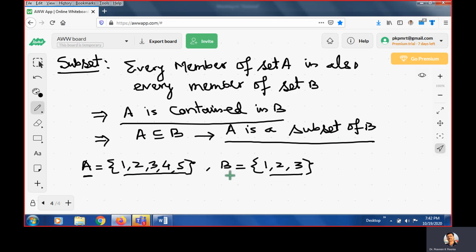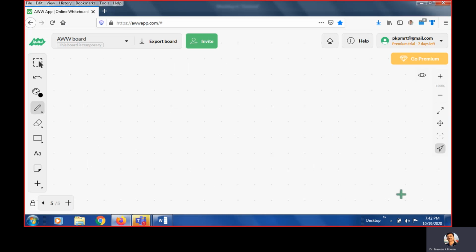This set is a small set. So all the objects here, you see all the objects are in A. So B is small, and you can say B is contained in A. So we will read it, B is a subset of A. Clear? We'll write more examples here.